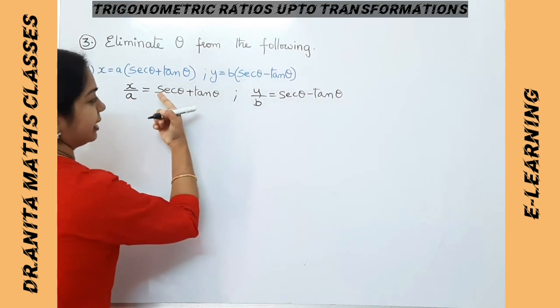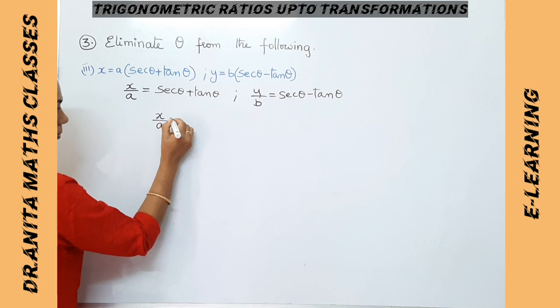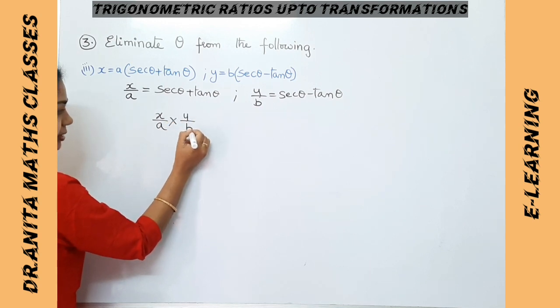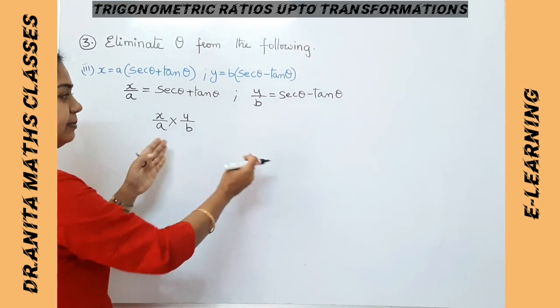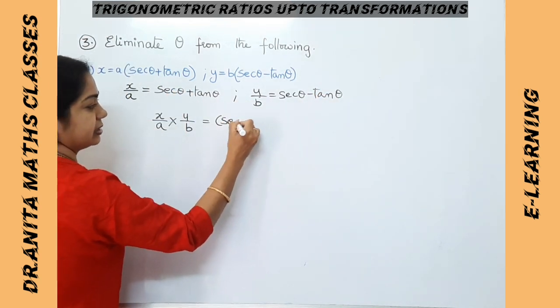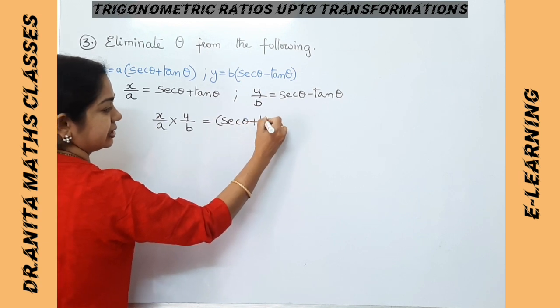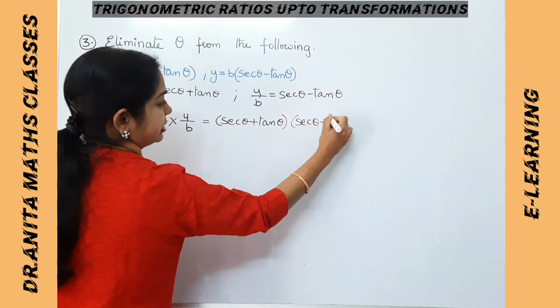So if we multiply both of them, x by a multiplied by y by b, that means LHS with LHS, RHS with RHS, we get secant theta plus tan theta and secant theta minus tan theta.